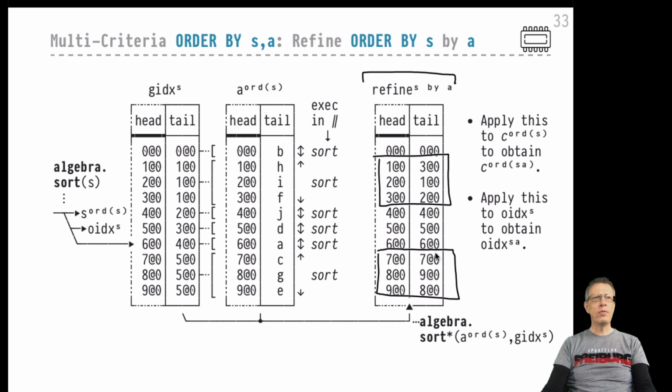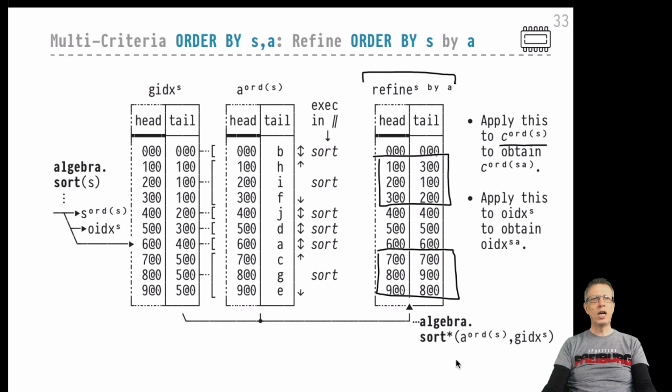Okay, and this is a new order index that we could then apply to any column that has already been sorted by the S criterion. So to order a BAT by S, A, first order by S. We know how to do that using algebra.sort.